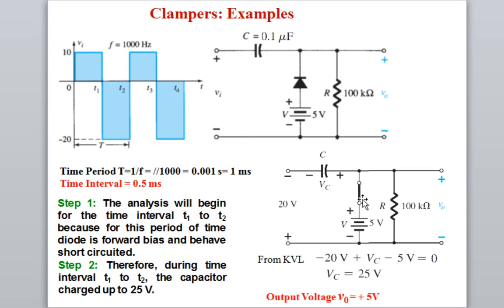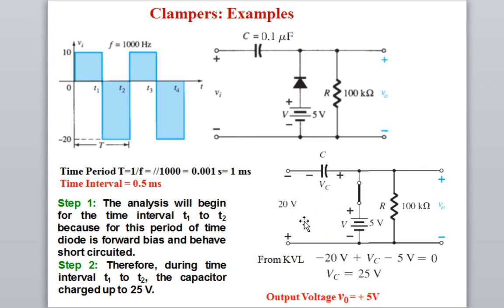If it is short circuited, then the voltage across the diode will be equal to 0. It will behave like a closed switch, but there is a power supply, so it will be replaced with this 5 volt power supply. Okay. Now current will conduct and this will charge the capacitor. And how much will it charge? The value of voltage across the capacitor can be found just by applying Kirchhoff voltage law.